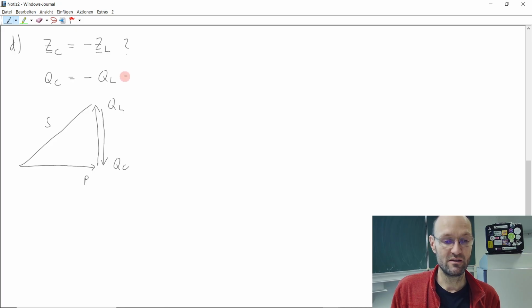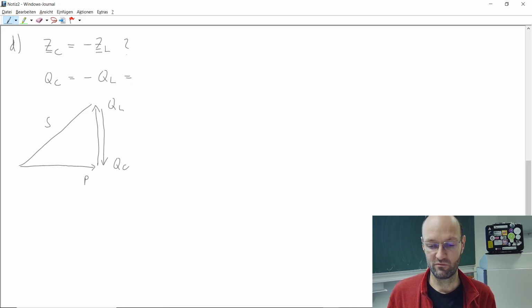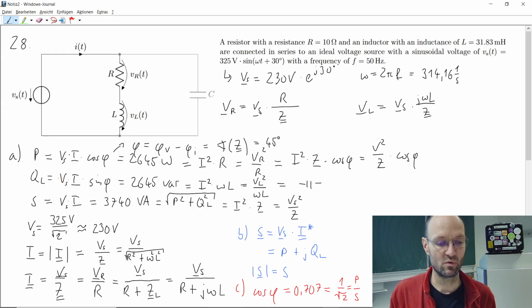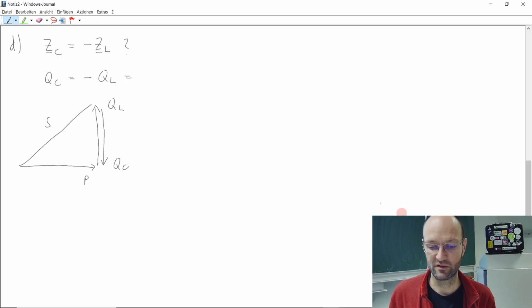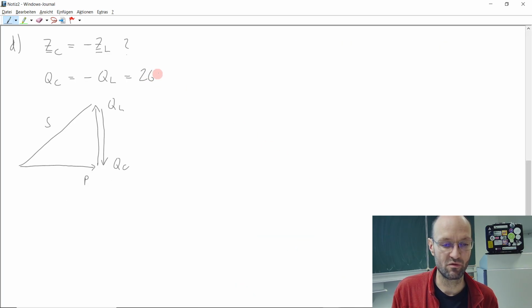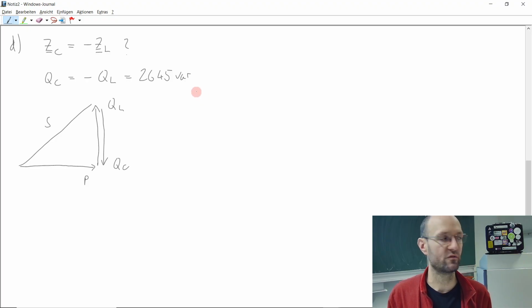Okay, so how did we calculate the QL? We can check back. The QL was, for example, this formula or this formula or this formula, and we had 2645 var. So I can just say this is 2645 volt ampere reactive. This is what we know from the equation before.